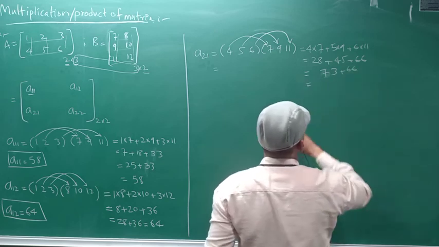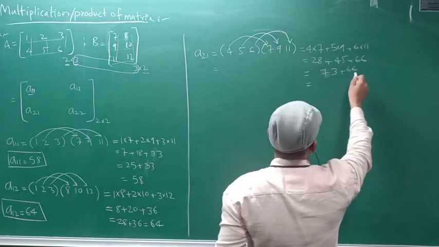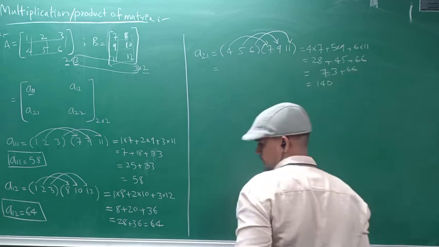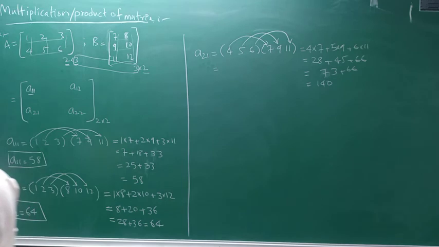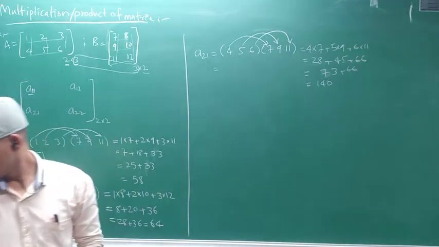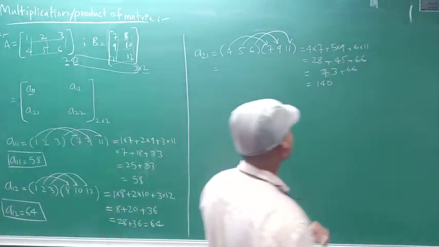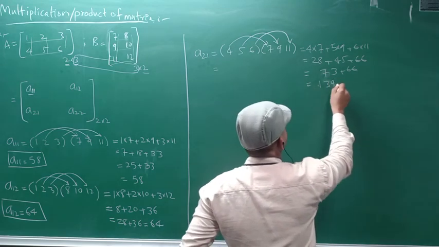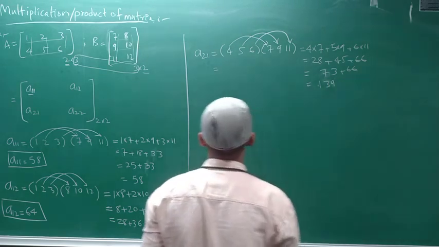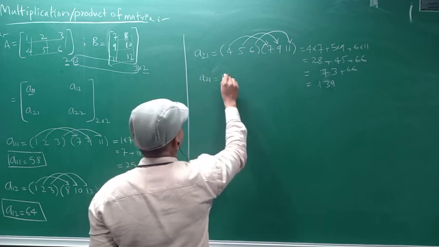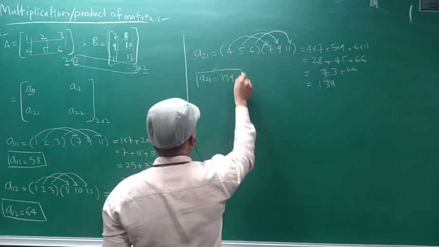Now add them, then 70, 70, 140. Okay, sorry, not 140, it is 139. So here I got the third element, that is A21, 139.